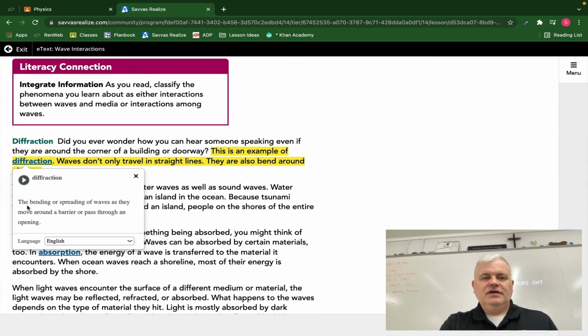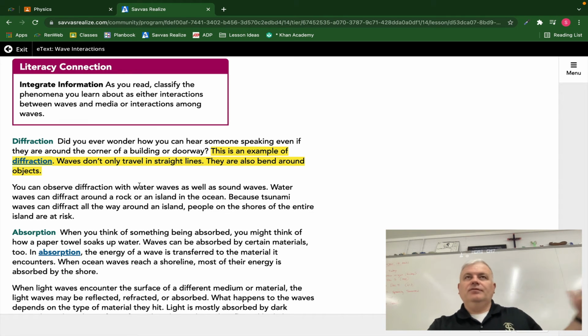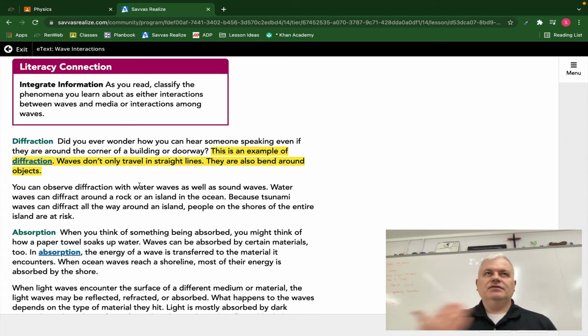So here's our glossary: the bending or spreading of waves, electromagnetic or mechanical, as they move around a barrier or pass through an opening. Now sometimes we want barriers, sometimes we don't, but diffraction just means light or sound traveling around a barrier. So that's why you can hear me even if you're standing outside of my classroom walking towards the gym and I shout something, you could hear me around that corner, even though it's not a straight shot, right?